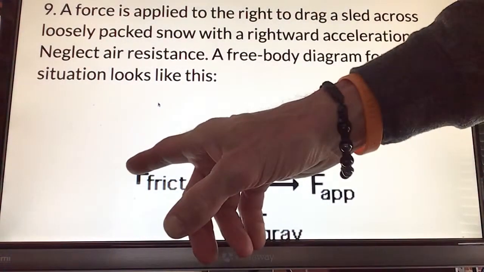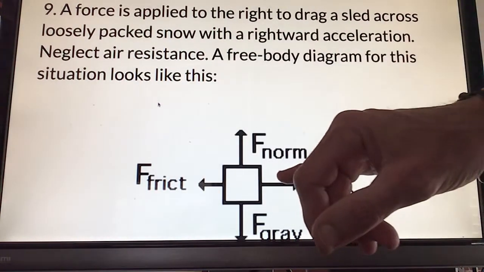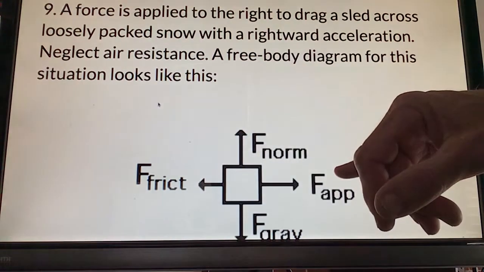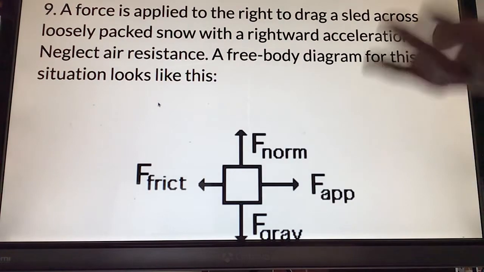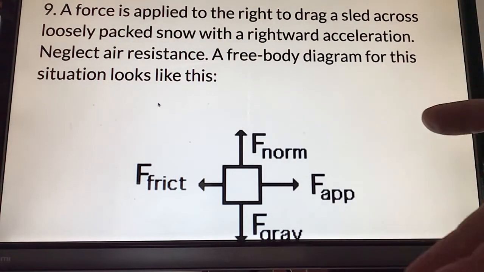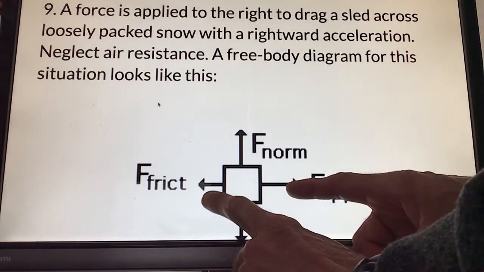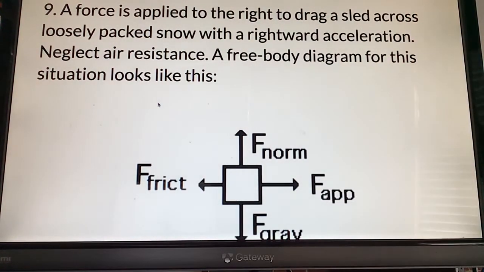So that's the frictional force working against it. But since it's accelerating, the applied force is beating the frictional force, so it's speeding up to the right. If the kid's walking at a constant speed, pulling this sled, then these two vectors would be the same length. But since it's accelerating, you make this one longer.